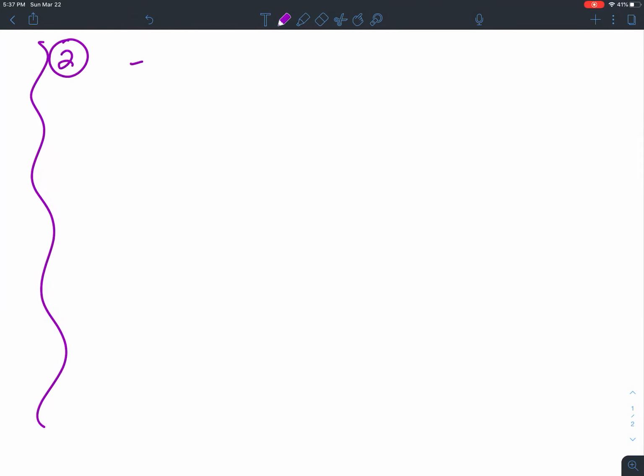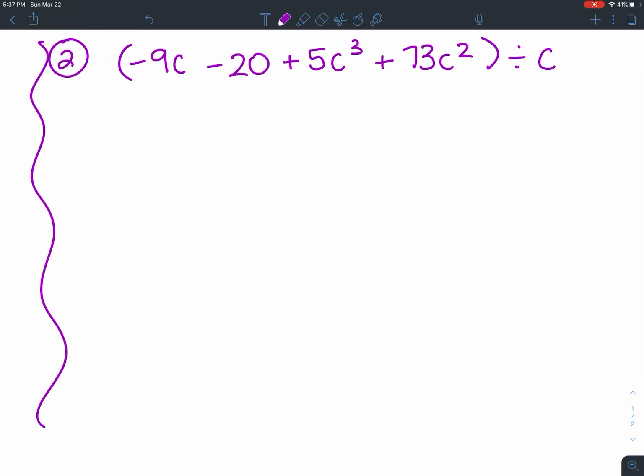So we have negative 9c minus 20 plus 5c cubed plus 73c squared, and we are dividing this all by c. Okay, now, you know what, let's divide it by c squared. I take it back, we'll just stick with c.